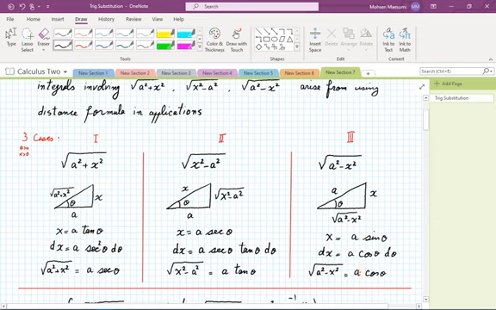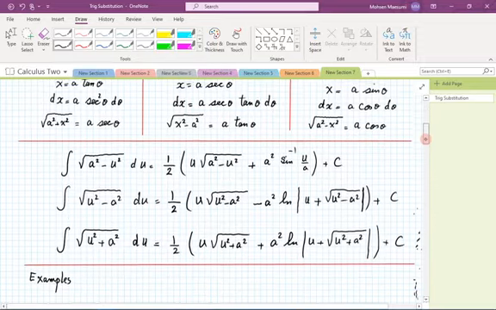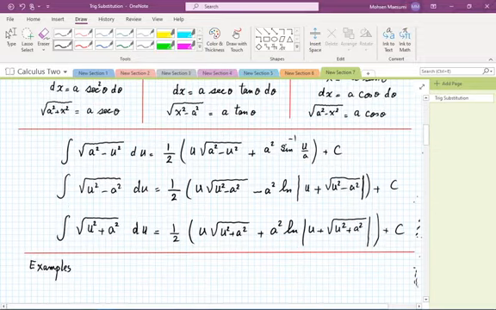We are going to be making use of these substitutions very often. One set of very important formulas that comes out of this I have recorded here, so you might have them in your table. We are going to go ahead and do several examples of integrals of this type.